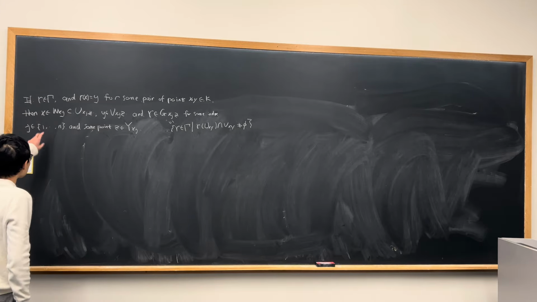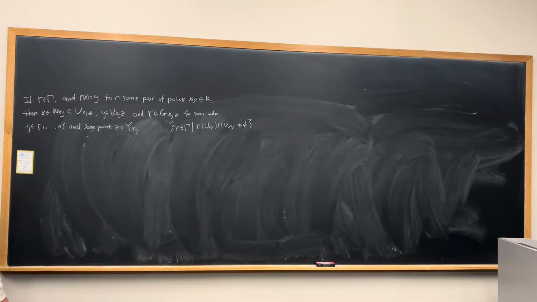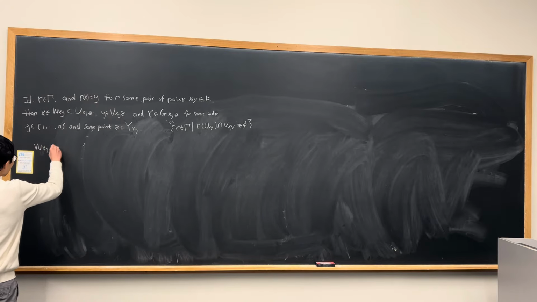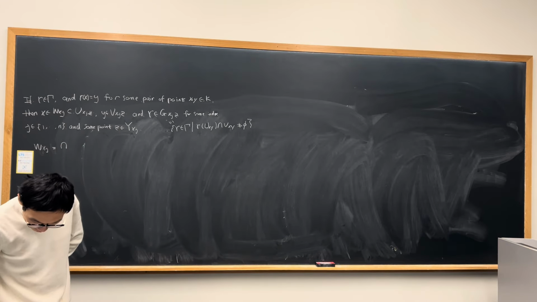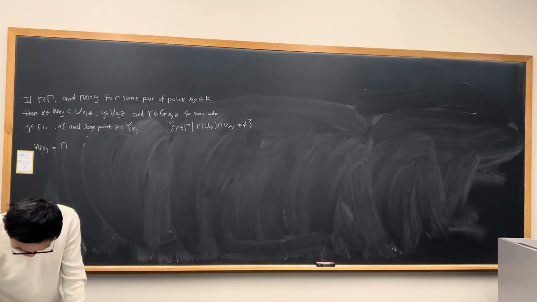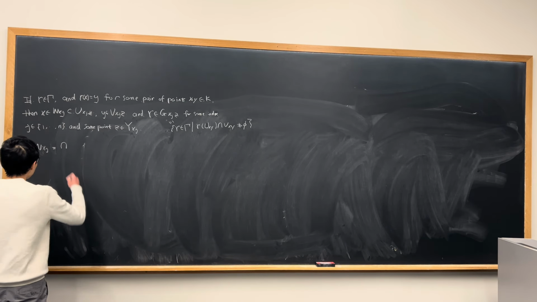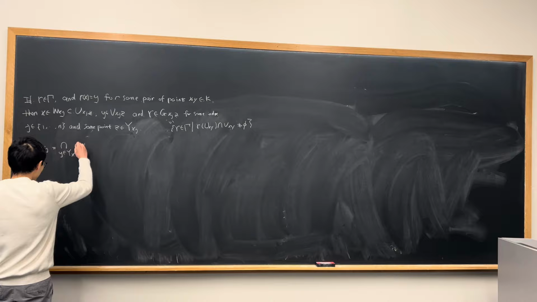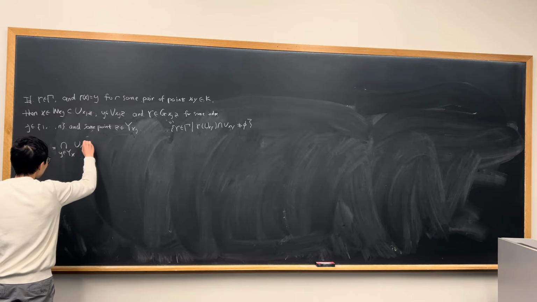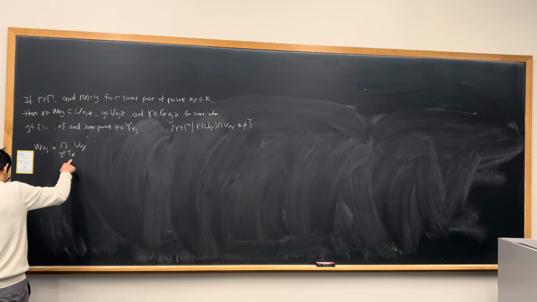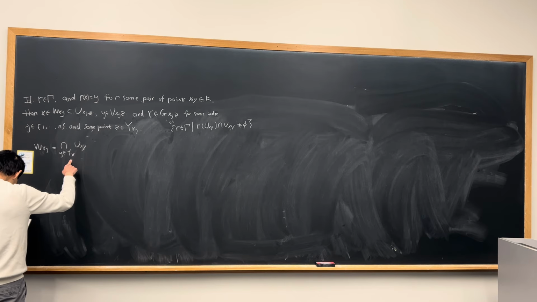We know that x is in this W_{x_j} basically by the covering property. And by definition, W_{x_j} is equal to the intersection over y in Y_x of U_{xy}. Remember that this Y_x is a finite set.